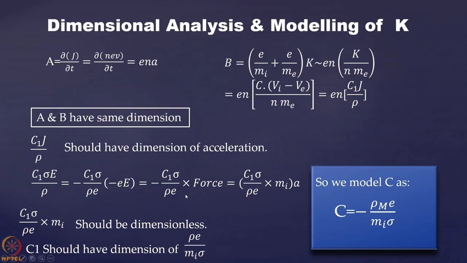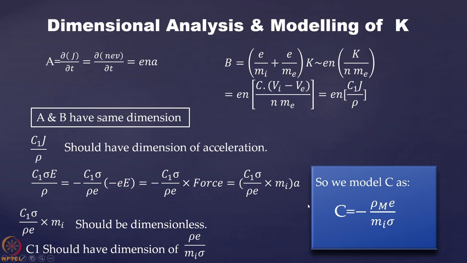Now, so this is the C1 sigma by rho into the dimension of force. Now, force is equal to what? This is mass into acceleration. Okay. So what we actually got is C1 J by sigma is equal to sigma E by rho, and that ultimately gives us some quantity multiplied by acceleration. And we have already concluded that this term should have the dimension of acceleration.